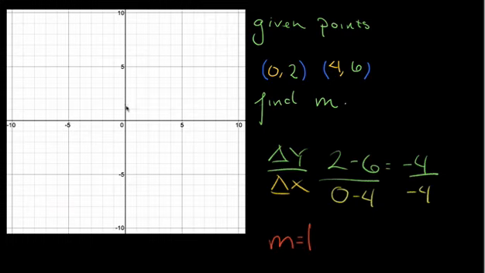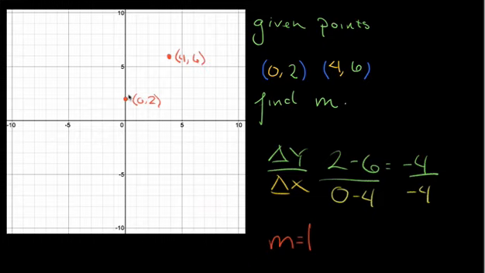So real quick, there's our y-intercept, right? So when x is 0, y is 2. That's just a coincidence that that was the y-intercept. And 4, 6 is right there.